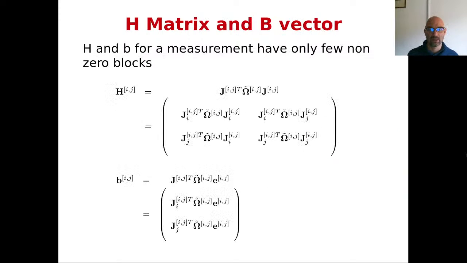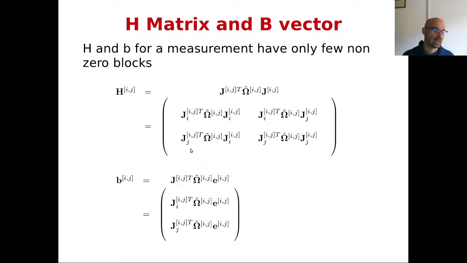Long, complicated. When I have to construct the H matrix and the B vector for one measurement, similar to what we have done for the multi-point registration, I will have in this case 4 blocks: one block that corresponds to the ii variable, one block that corresponds to the pair ij, one that corresponds to the jj, and these are symmetric.